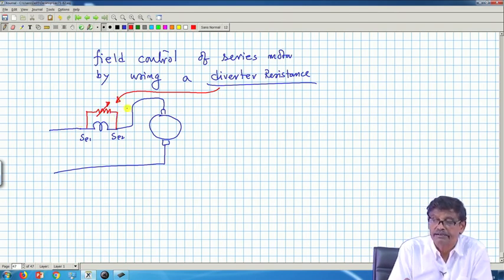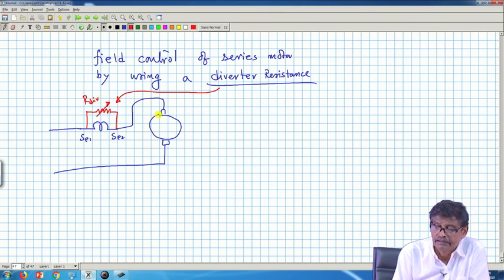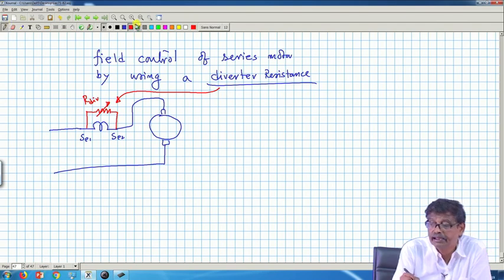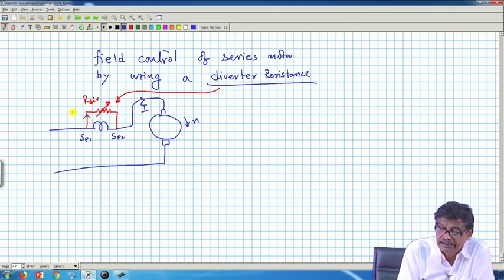Where is this diverter? Then what happens is this: when the machine is running steadily at certain RPM and drawing some current I, then the field current you have been able to make different from I, because this current is, suppose, ID, this current is IF.